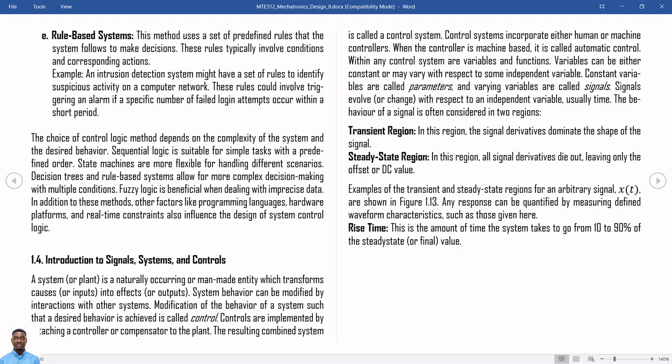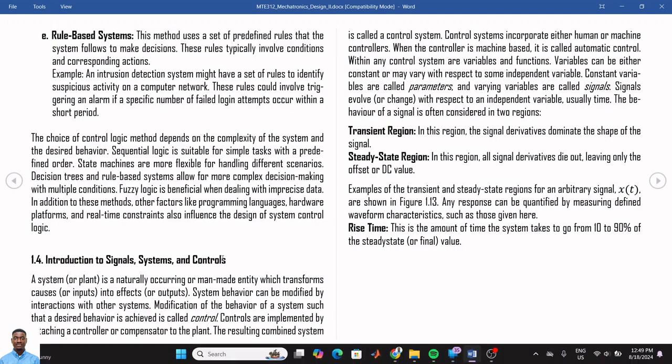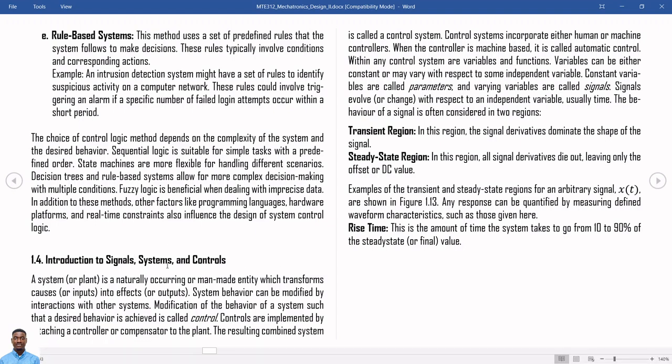So that takes us to the introduction to signals, systems, and controls. Now, these 3 words, signals, systems, and controls, you find them majorly in mechatronic systems, and we need to understand what they are because they are interrelated. So what are systems? Systems are plants.